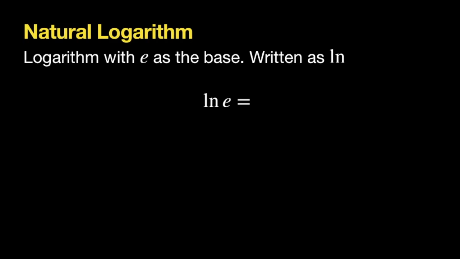So instead of writing log base e, we just write it as ln. And right now we're going to compute ln of e. So put that in your calculator. Ln of e is 1, just like log base 10 of 10 is 1.